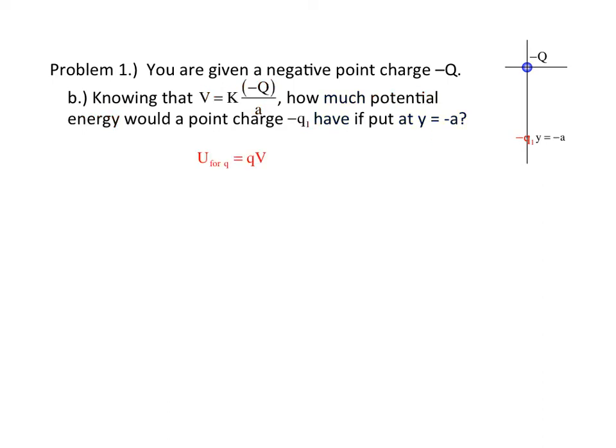Well, we know that the potential energy a charge has in an electrical potential field equals the size of the charge times the size of the electric potential at that point. Charge that's feeling the effect is minus Q1. The electrical potential is minus K times the field producing charge divided by A. Manipulating, we end up with potential energy of K Q1 Q over A.